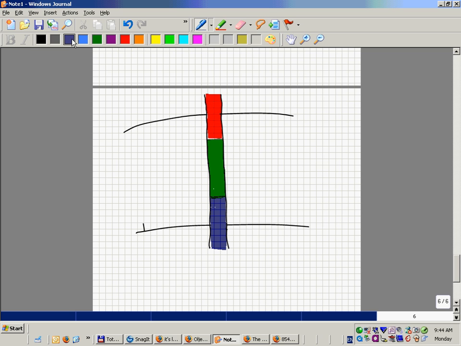Because at this particular point here, the water pressure is equal to the oil pressure, right? And at this point, the gas pressure is equal to a different oil pressure, right? But they're equal. And if they weren't equal, they would be adjusting themselves.